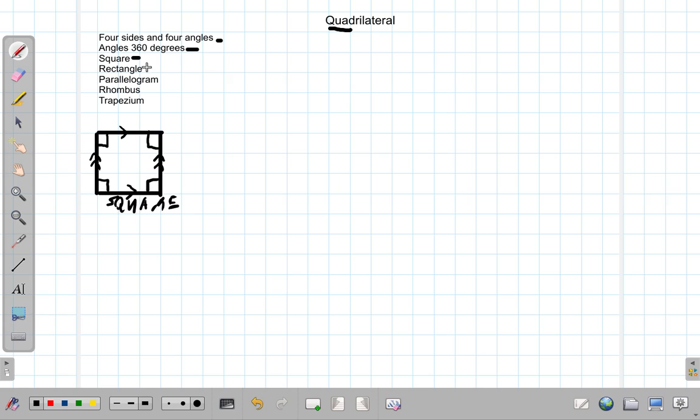Now let's look at what we call the rectangle. Now with the rectangle, we will have the opposite sides equal in length, but it does not necessarily mean that all sides are equal. Now let me draw an example of a rectangle.